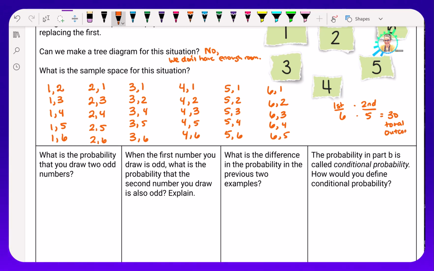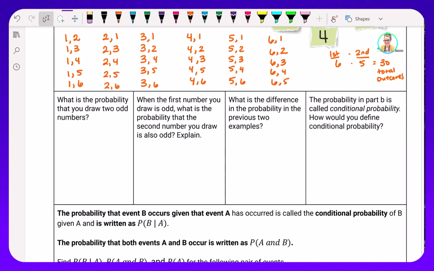You always want to do that because if you're going to be asked questions about probability, then that's going to be your denominator. Okay, so what's the probability that you draw 2 odd numbers? So I'm going to highlight everything that would be 2 odd numbers. So odd, odd, and then this isn't going to work because that's even.